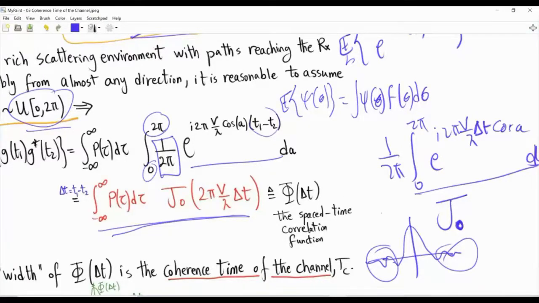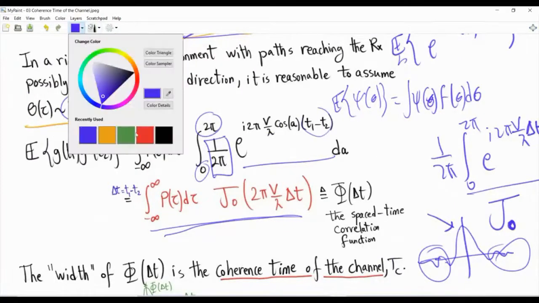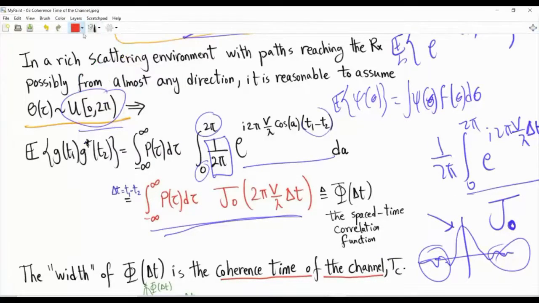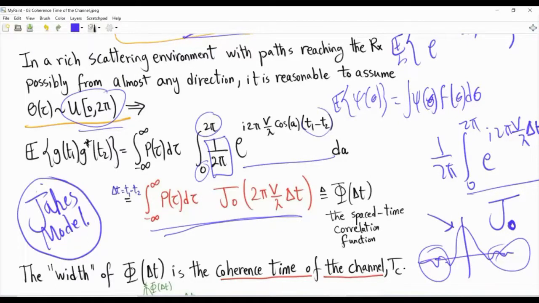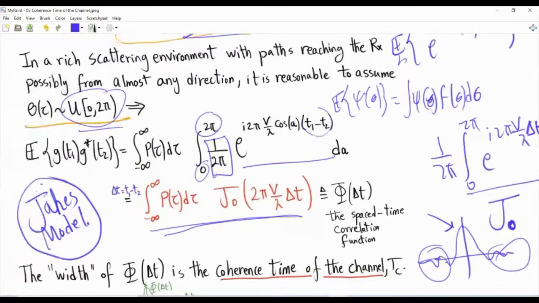So this is the typical time correlation function, and this model, in some papers, is referred to as the Jakes model. Okay, Jakes model, and this time correlation function with the Bessel function is widely used. You will see it a lot.